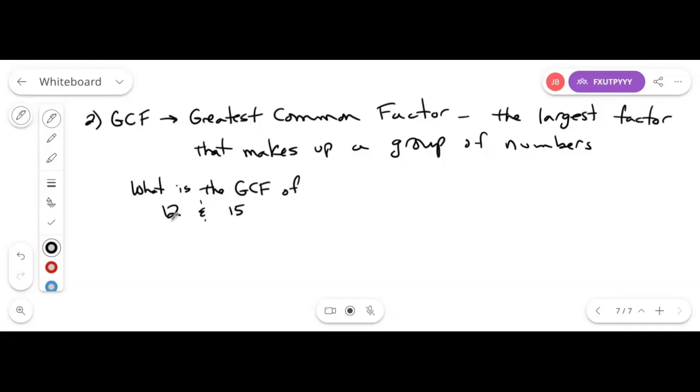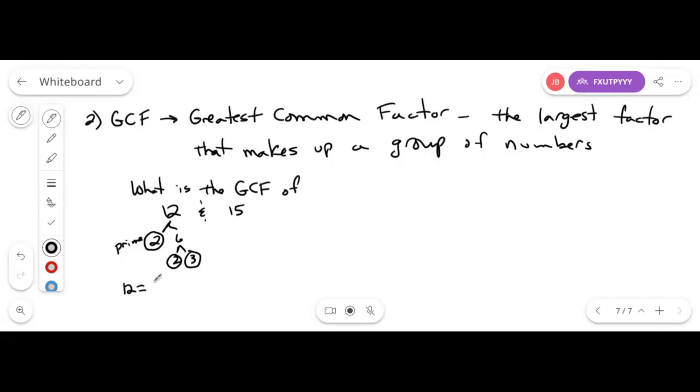The way we get that is we factor each of these two things, and we do what is called a prime factorization. 12 is 2 times 6. 2 cannot be broken down any further. It's called prime. 6 is 2 times 3. 2 cannot be broken down any further. 3 cannot be broken down any further.